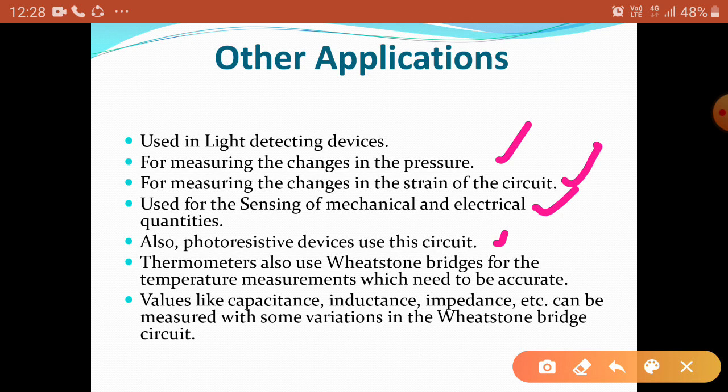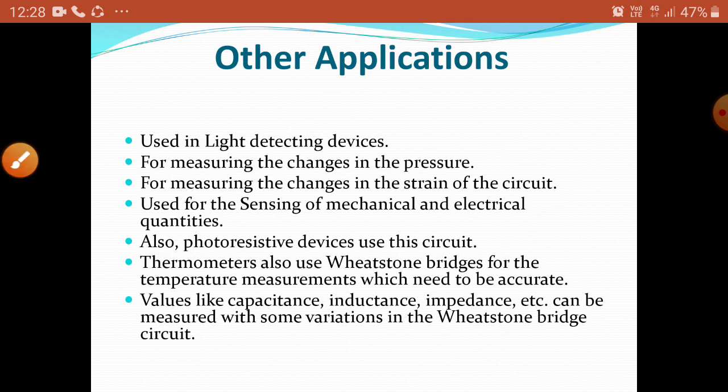Thermometers also use the Wheatstone's bridge for temperature measurements, which need to be accurate, and values like capacitance, inductance and impedance can be measured with some variations in the Wheatstone's bridge circuit. In this way, we have explained the Wheatstone's bridge as well as the Wheatstone's meter bridge.